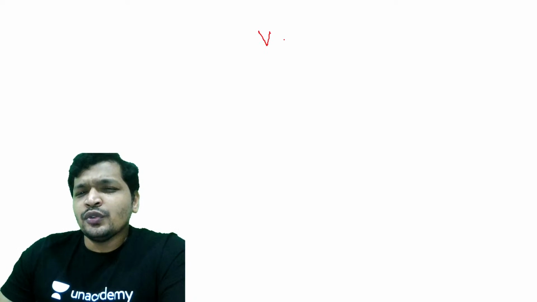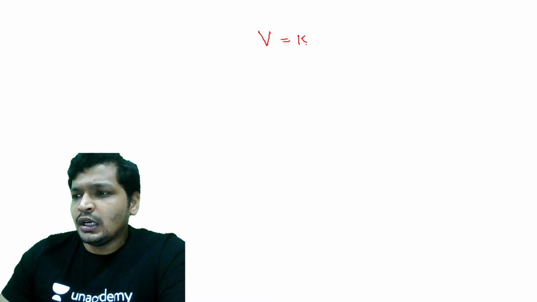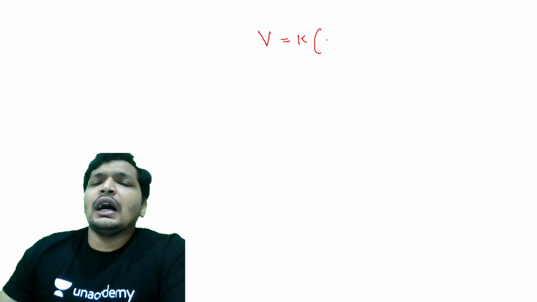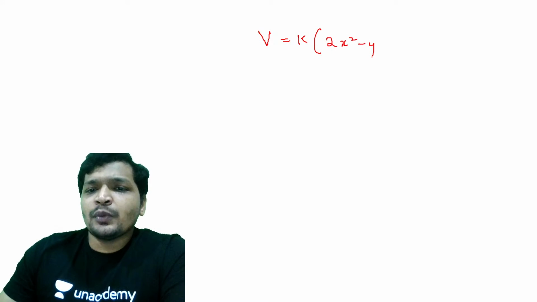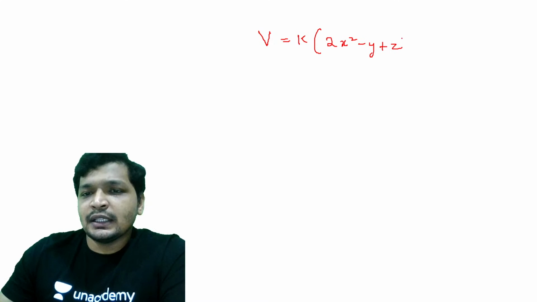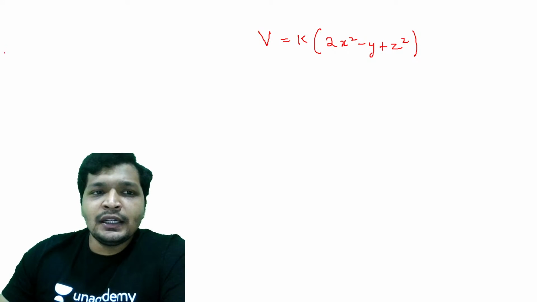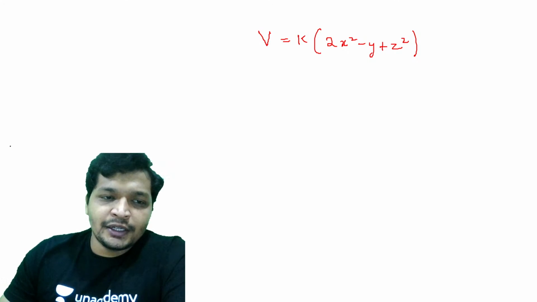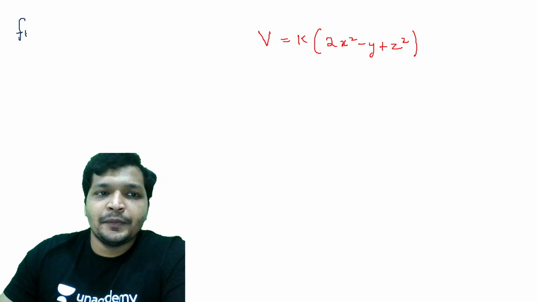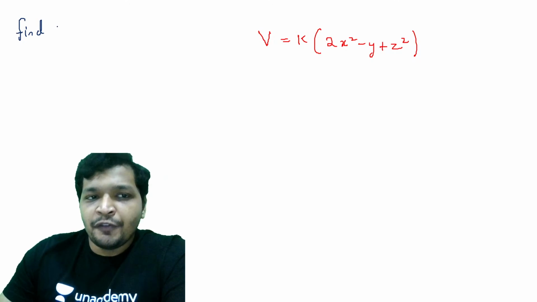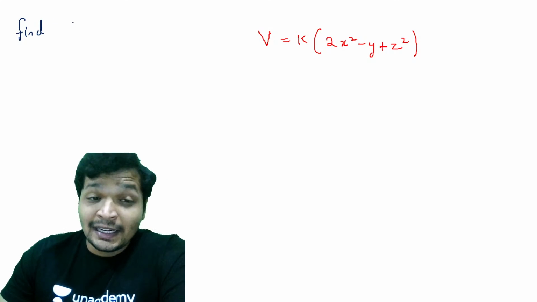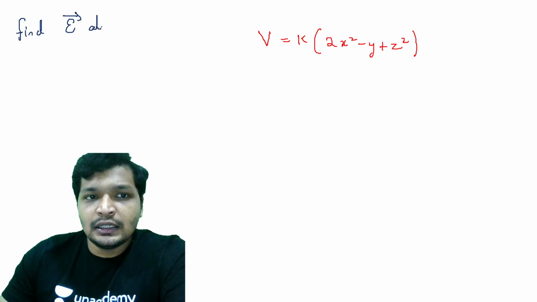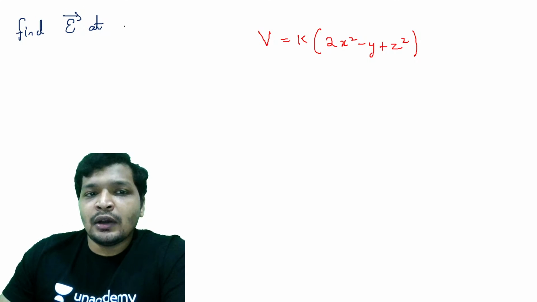Given to us, I think, V is equal to K into 2x square minus y square plus z square. The question is: find the electric potential at point 1, 1, 1. Find the electric field at the point 1, 1, 1.